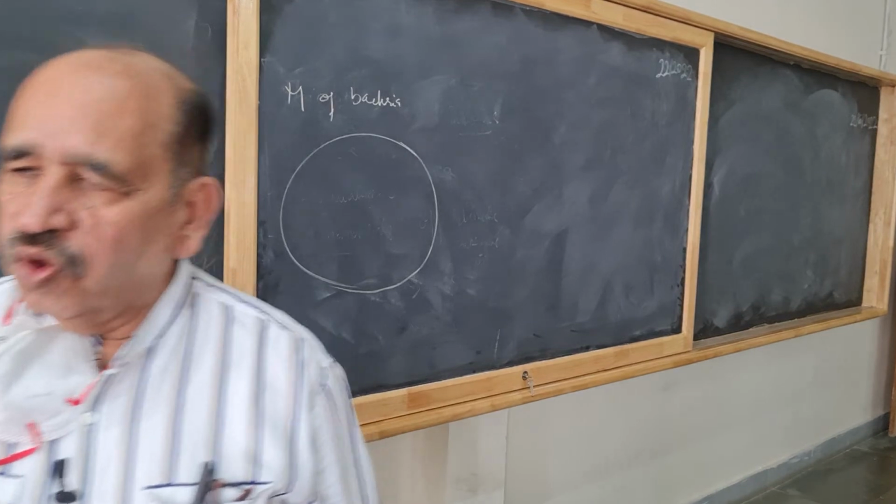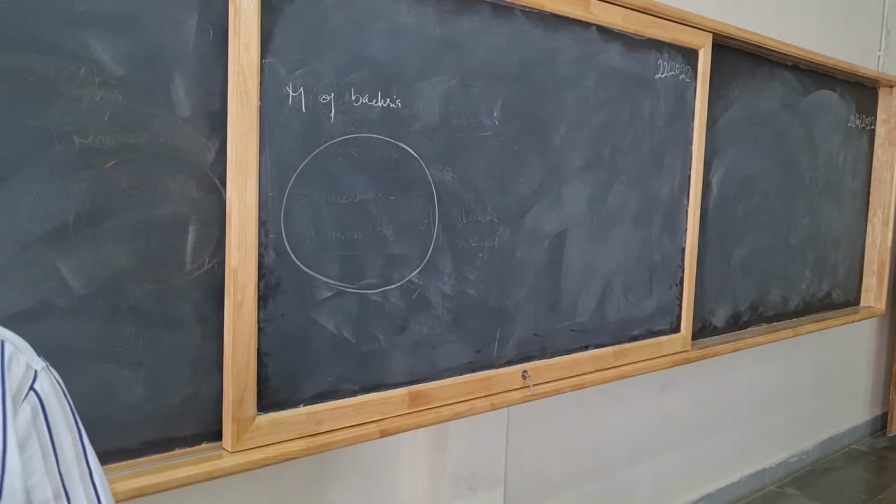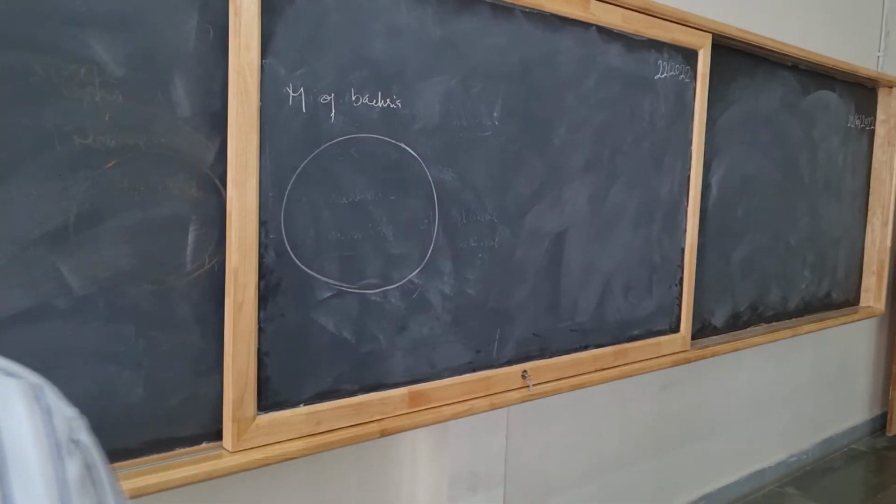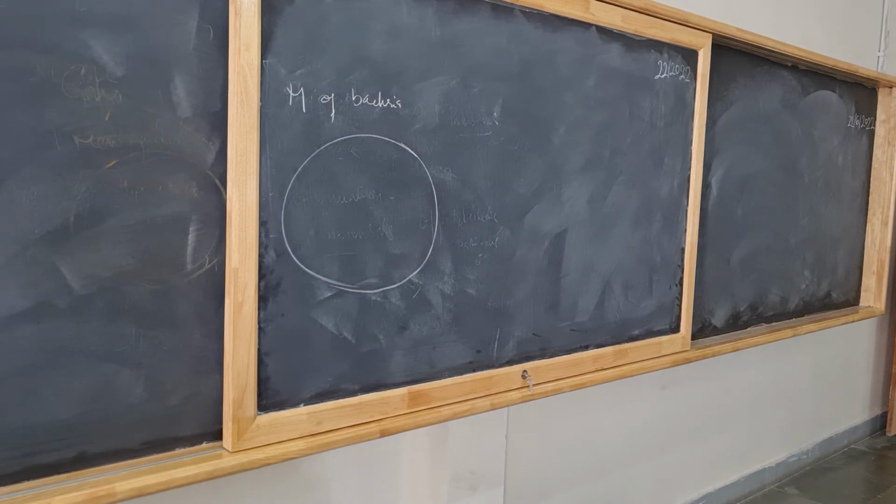It is made up of cell wall. Cell wall is made up of NAM and NAG.